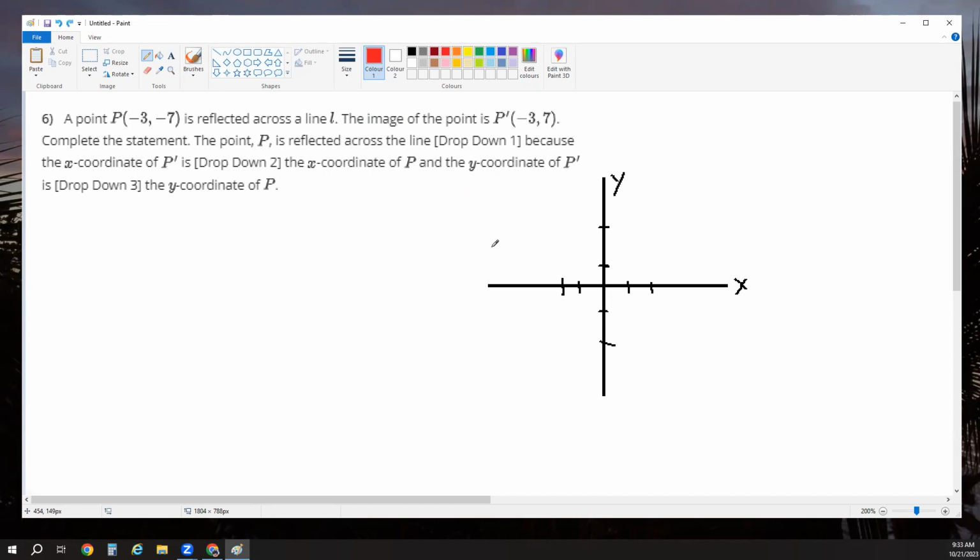So if you have a line that doesn't have a slope, the slope is 0, right? And it intersects at y equals 1 or y equals 2, right?